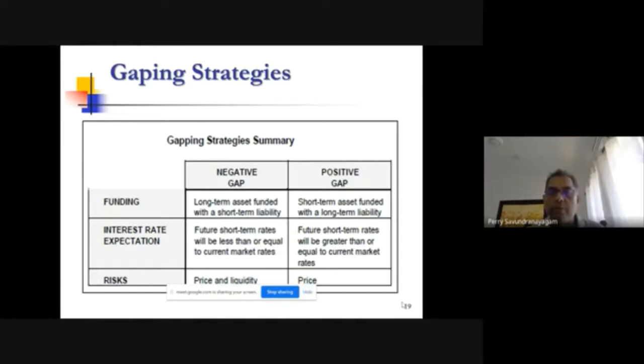So for a positive gap, it's mainly driven by price. You have loans that are short term and deposits that are long term.